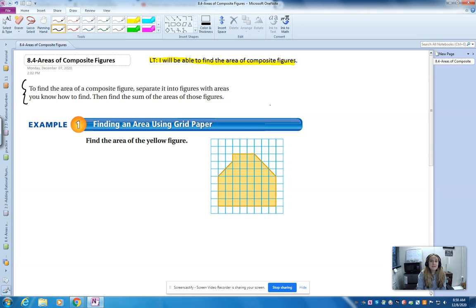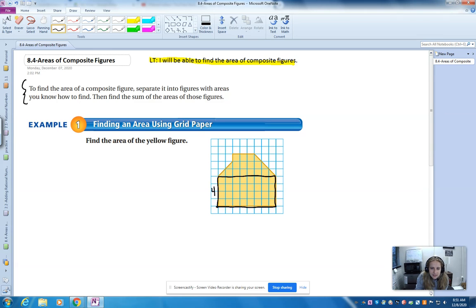Let's talk about if you're given a grid. Find the area of the yellow figure. If we're given a grid, I'm still going to break it into pieces so it's a little bit easier. I'm going to break this into a rectangle to start and find its area. To do that, I'm going to count the width: 1, 2, 3, 4.